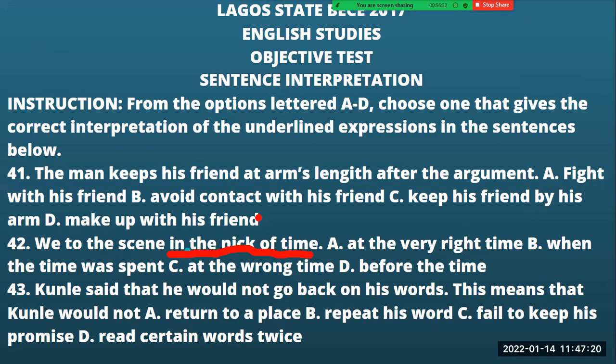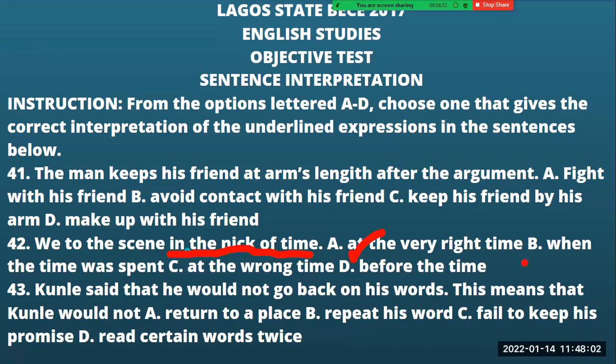That means if you get to a place in the nick of time, you get there at the exact time. If you can't get to that place at that particular point in time, then the aim will be defeated. You had very little chance remaining and you got there at that particular point in time. So the first meaning is correct, option A, at the very right time. That is in the nick of time.